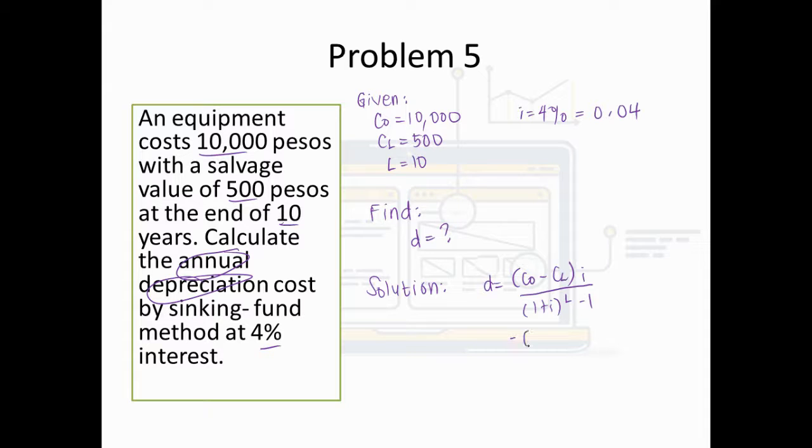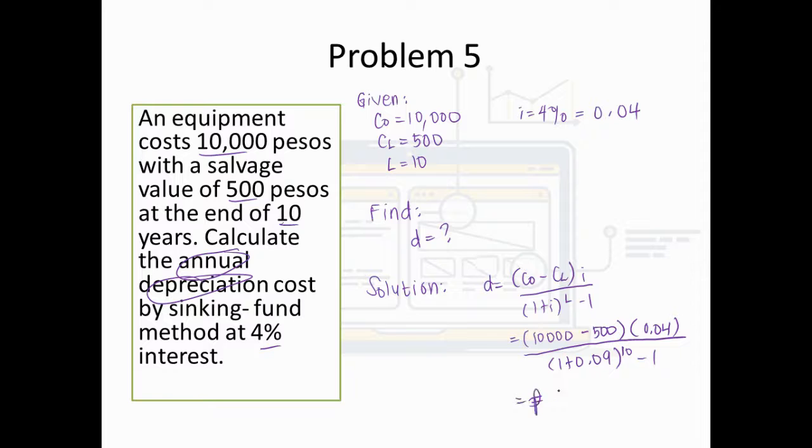So D will be equal to 10,000 minus 500, multiplied by 0.04 or 4%, all over (1 plus 0.04) raised to 10 minus 1.